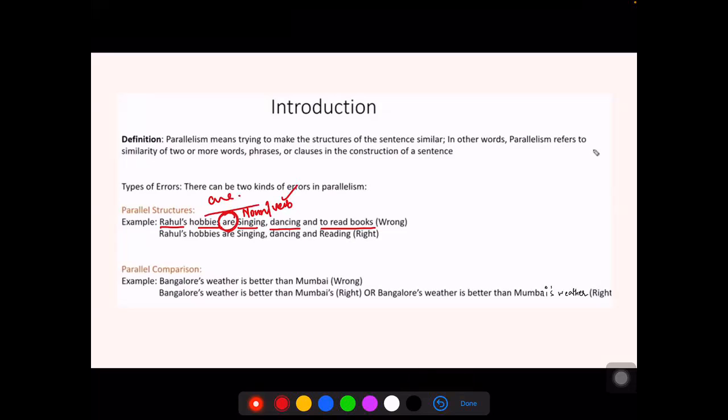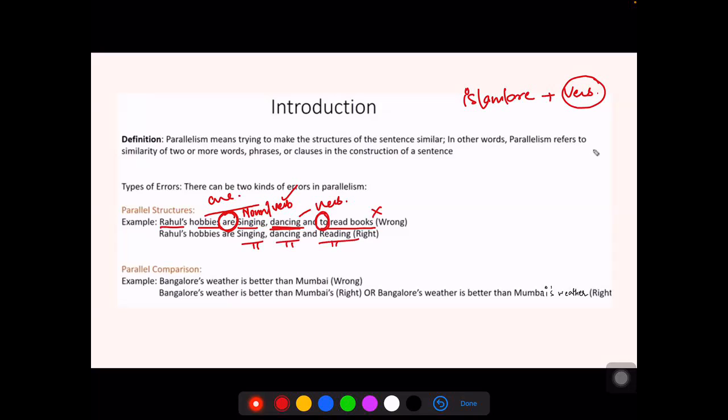We always know that in tenses, if we're using is, am, are, we always use a verb next, right? So in that case, singing is considered to be a verb. Then in the same case, dancing is considered to be a verb. But here we are using a preposition, to read. There is no need to write to read because this will be a wrong sentence. We have to use the parallel structure where we can write singing, dancing, and reading.